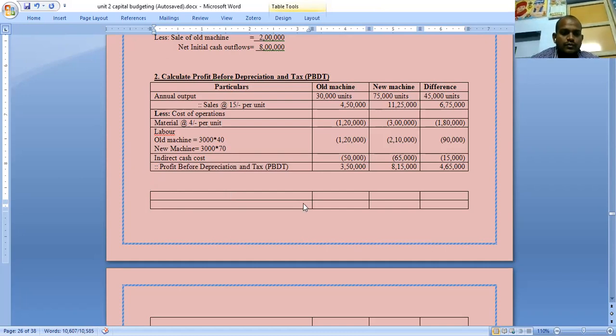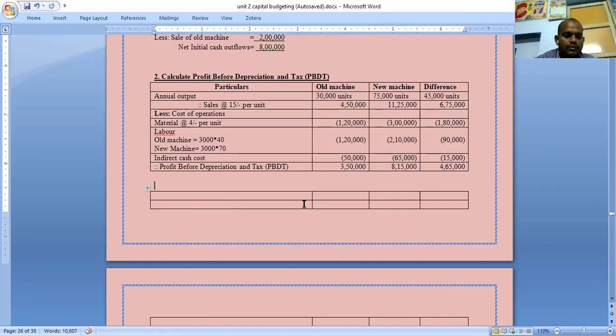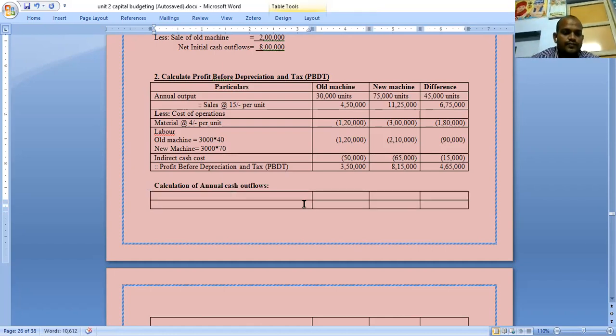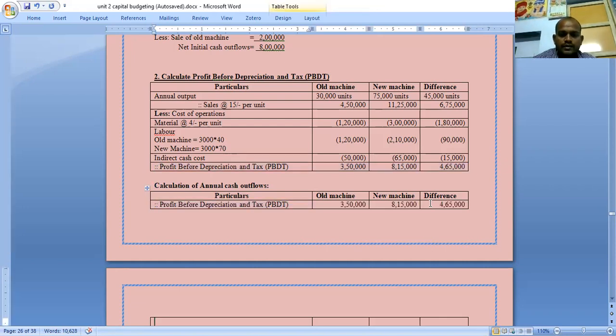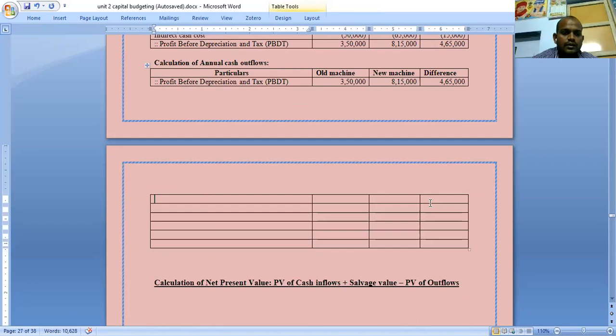So by using profit before depreciation and tax, we have to calculate the annual cash inflows. So particulars, the same columns we have to maintain to get the incremental cash flows. Profit before depreciation and tax. Now we have to deduct the depreciation.